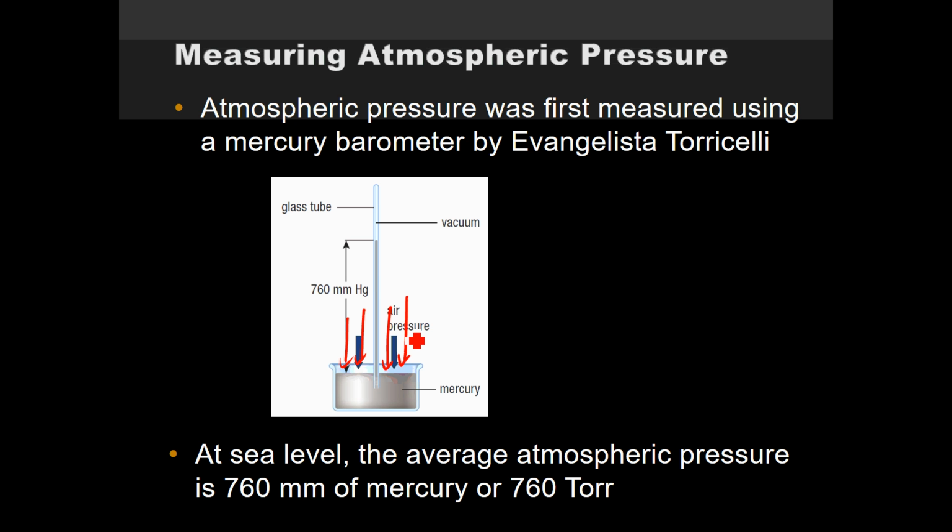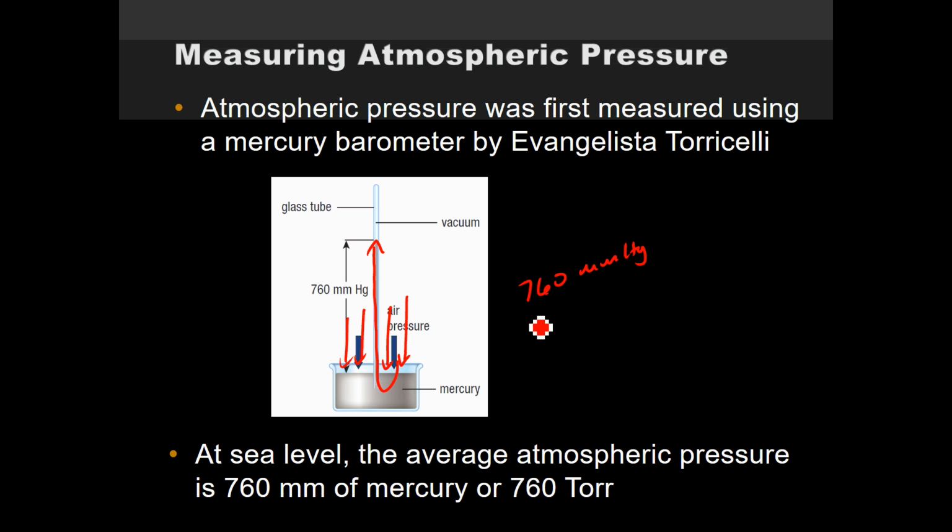But what it did was push down on the mercury in the dish, pushing the mercury up inside of a column. And at sea level, the column of mercury was pushed upwards 760 millimeters. So we say that standard pressure conditions, sea level, would be 760 millimeters of mercury.